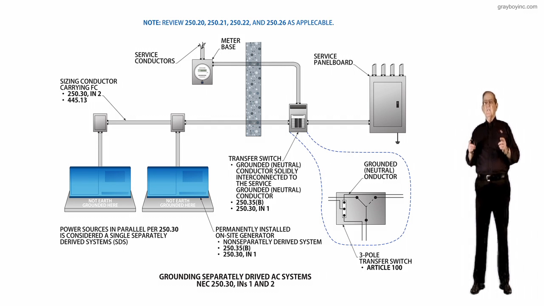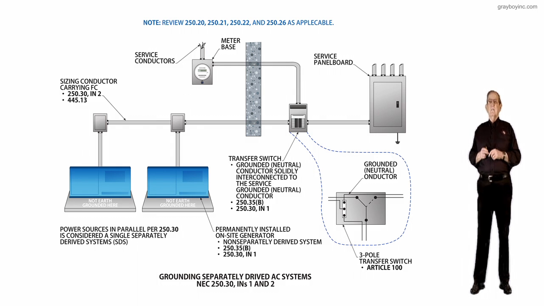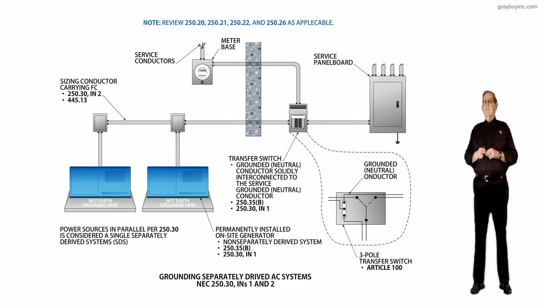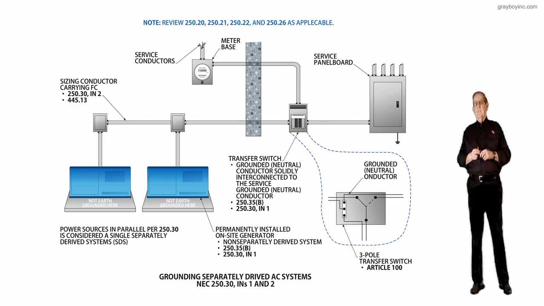Now, what this means is that you're connecting this in through a transfer switch. So if you look at the two generators to the left, notice they are in parallel, fed in through the transfer switch and supplying the service equipment in case we should lose the utility supply.